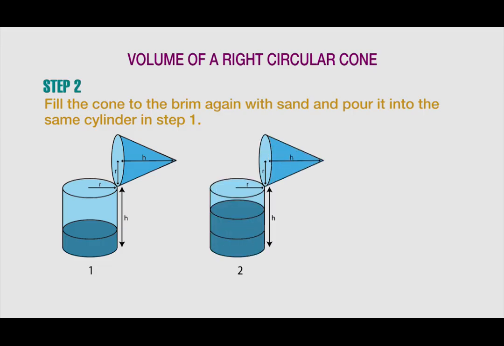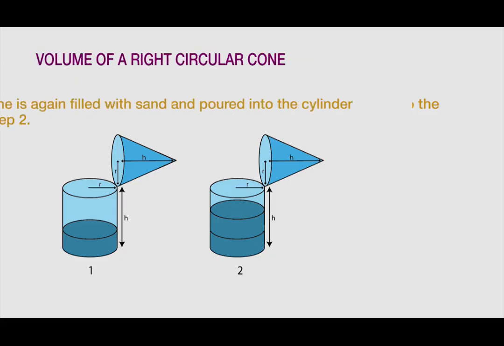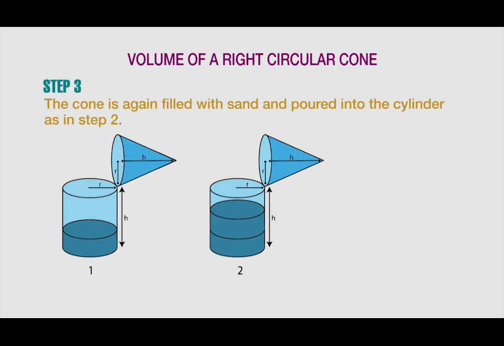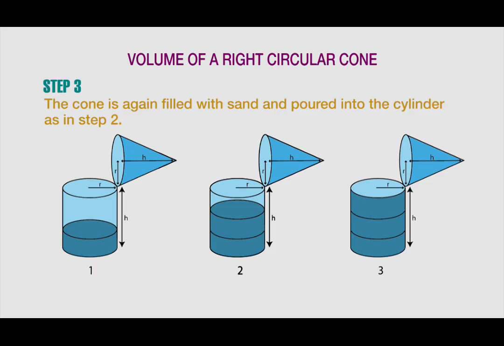Now you can see that the level of the sand will rise to a certain level in the cylinder, as you see on the screen. Then we fill the cone again with sand and pour it into the cylinder. Now you see the end of our activity. At this point, it can be noticed that the cylinder is also full to the brim.